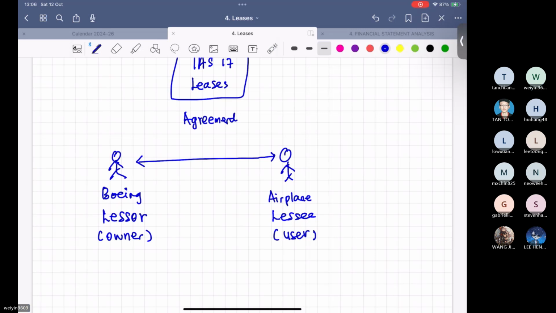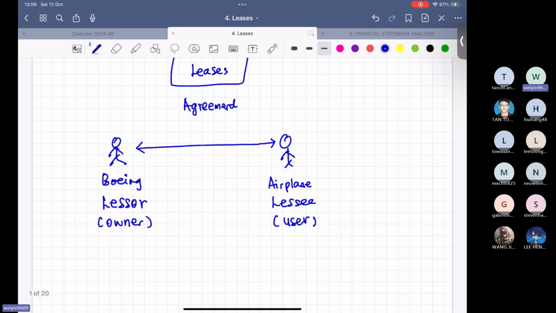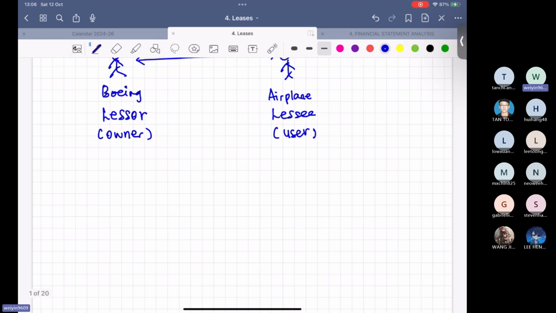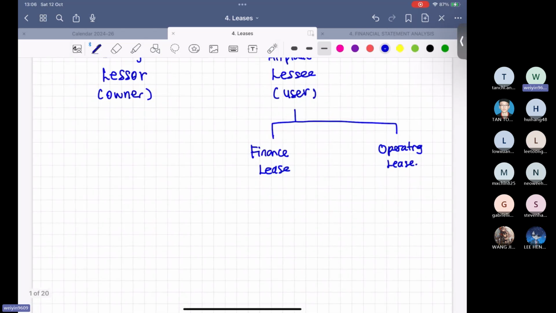Under the previous standard, IAS 17, we separated leases into two different types. One we call finance lease, and one we call operating lease. How do we differentiate between operating lease and finance lease?